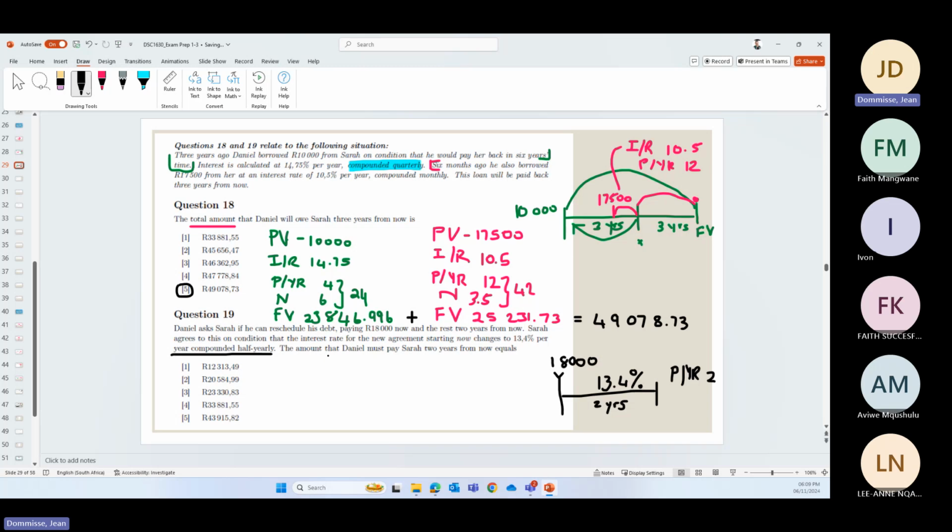So what is the amount that Daniel must pay Sarah 2 years from now? Okay, so what is the amount that he needs to pay 2 years from now when it has accumulated 13.4% interest at twice a year?